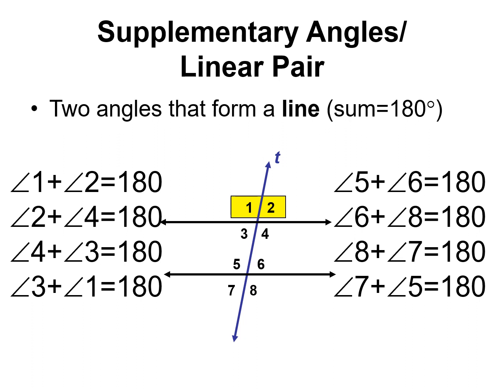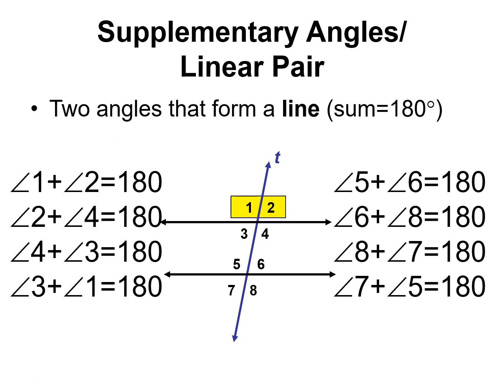Supplementary angles or linear pair, these are two concepts. Supplementary angles means two angles that form a line. When you add two angles, if the sum is 180, they are supplementary angles.